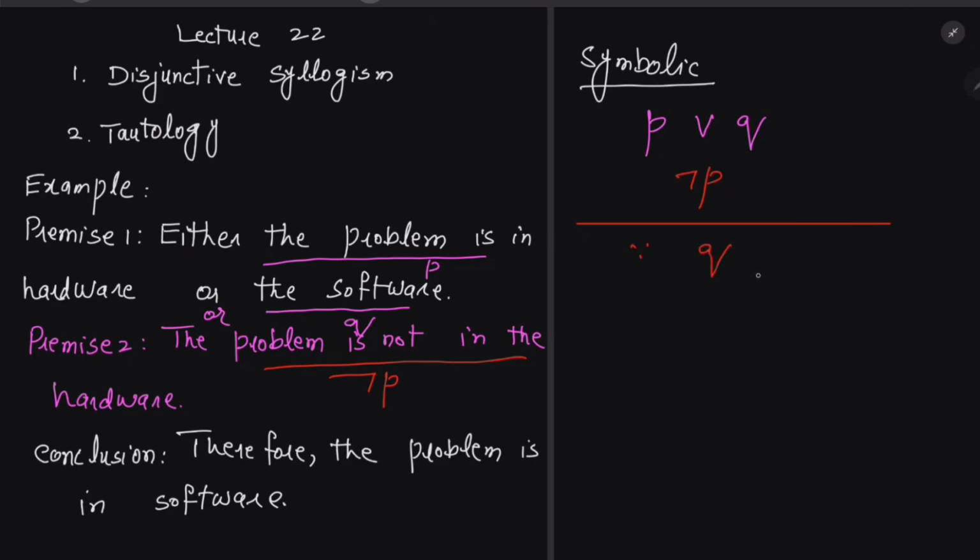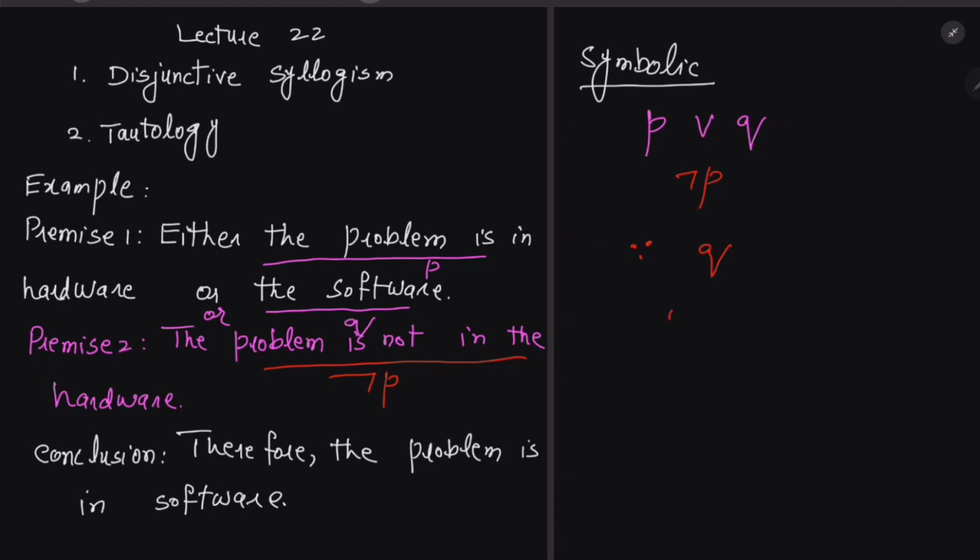Remember, in my previous video I did not add a line like this, but it is up to you how you have studied this in class. If your teacher asks you to write a line, then you should write a line. For me it is fine either way. But this "therefore" is very important. You have to conclude with this therefore.